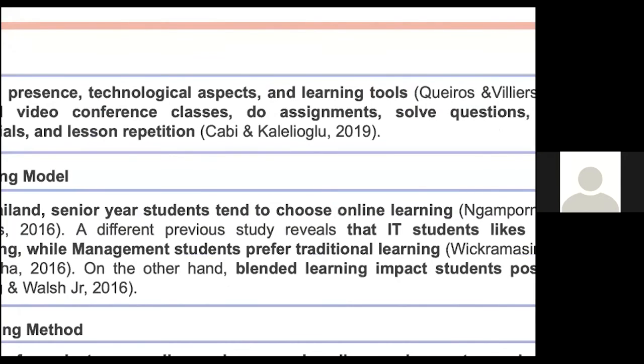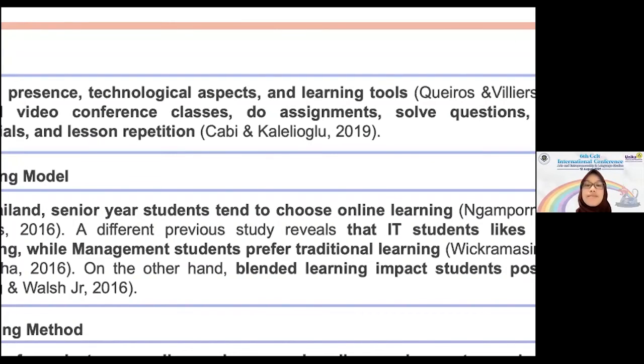If there are barriers, then students need solutions. Students need social presence, such as interaction between their lecturer and friends, technological aspects, and learning tools. Some students recommend that they should attend video conferences, do assignments, solve questions, review materials, and lesson writing. In Thailand, students tend to choose online learning, especially senior students, because they have fewer courses than the freshmen.